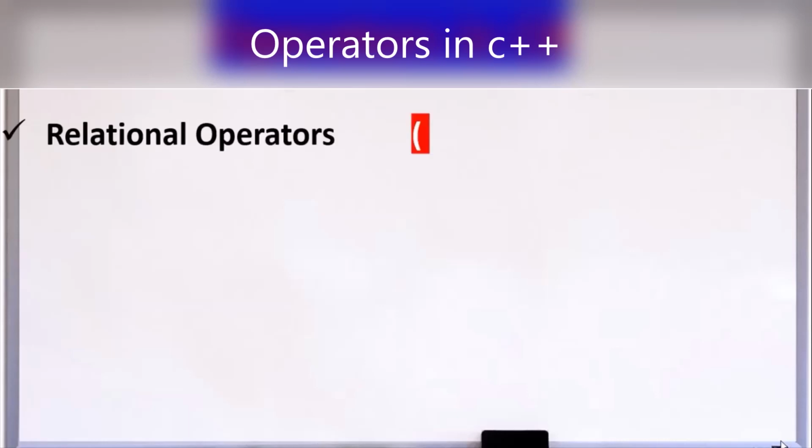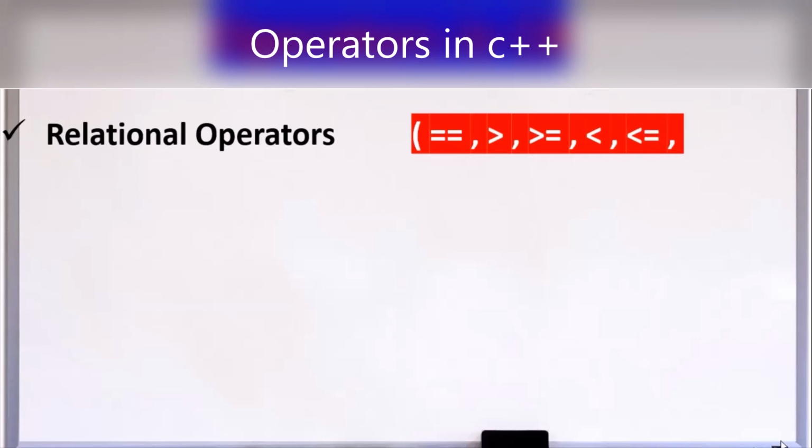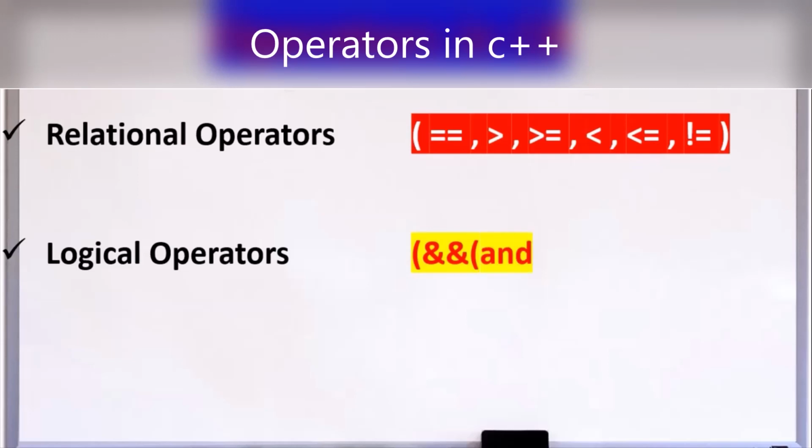Like relational operators, that is double equals to, greater than equals to, less than equals to, isn't it? These are the operators we use whenever we make some conditions. Not equals to is the exclamation sign. Then the logical operators, when multiple conditions are there, then the OR operator, either condition, and the NOT operator, right?